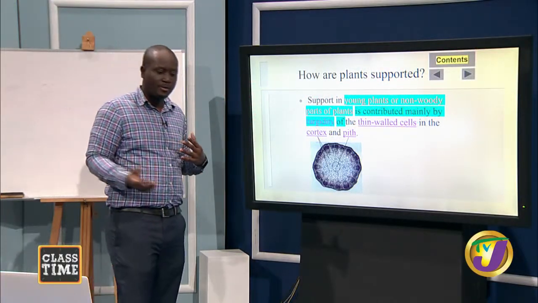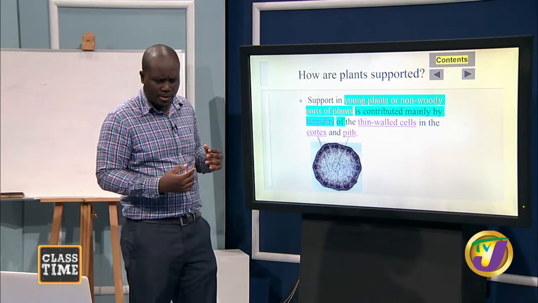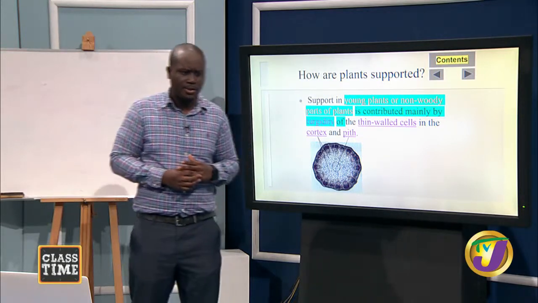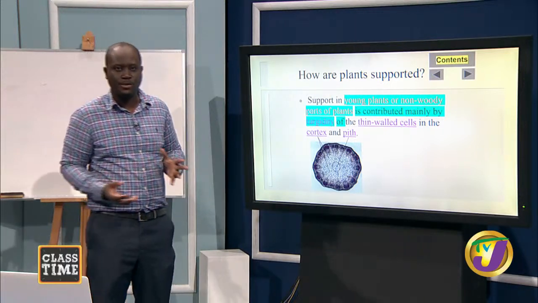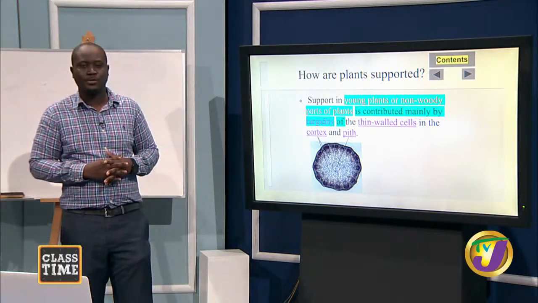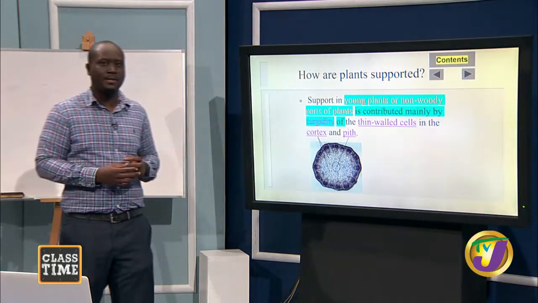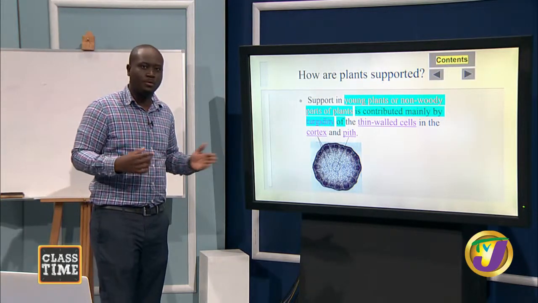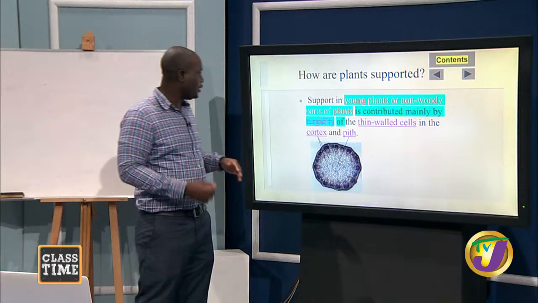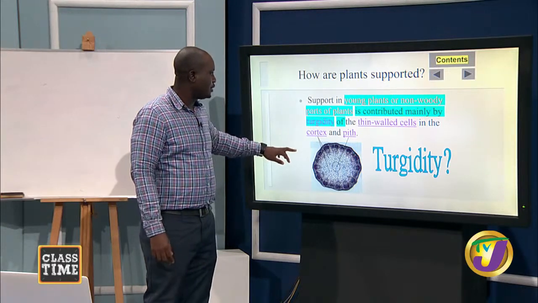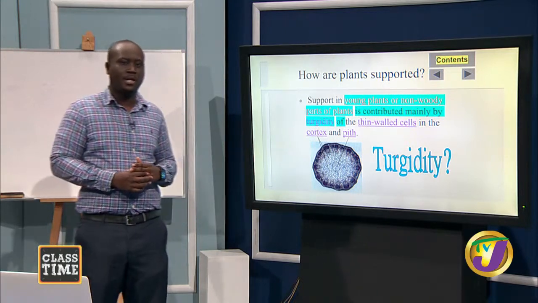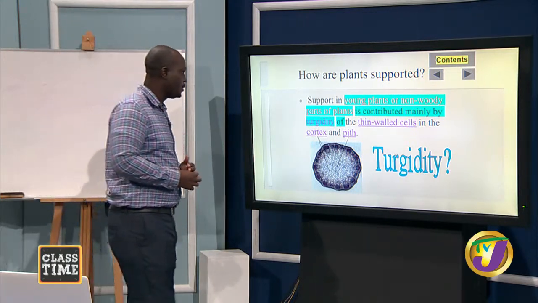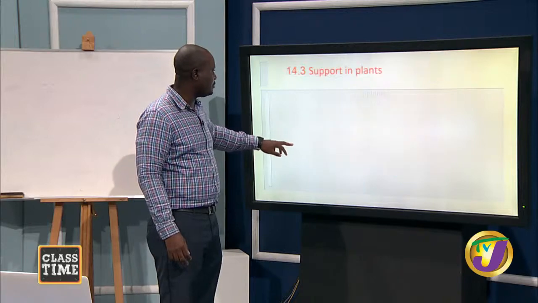So earlier in grade 10, you did transport of substances in and out of cells, and we looked at osmosis and diffusion and all of that, and we saw how water moves in and out of cells. Right? So turgidity is one way how plants offer support, and that is by physiological means.